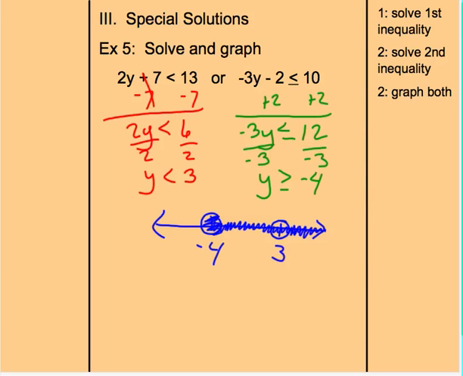Because if I, for example, say y equals 3, is 3 less than 3, or is 3 greater than or equal to negative 4? It makes my second inequality true, so the entire compound inequality is true. So 3 is now a solution to my compound inequality.